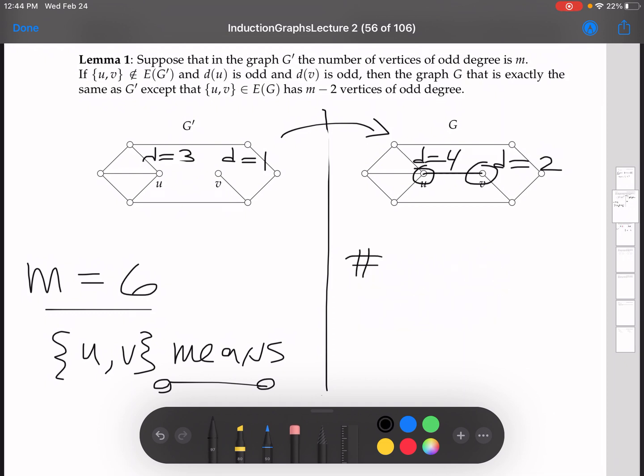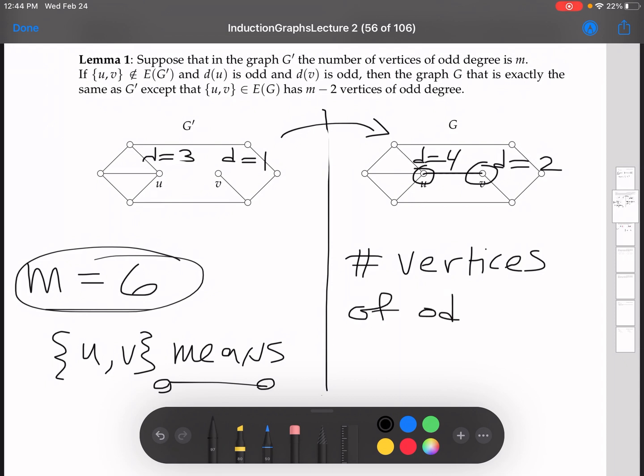So in other words, if m in G prime is 6, then the number of vertices of odd degree in G equals 6 minus 2, or 4, otherwise known as m minus 2.